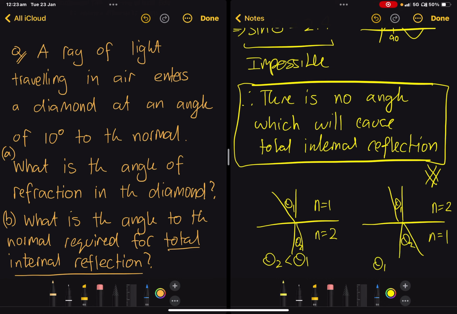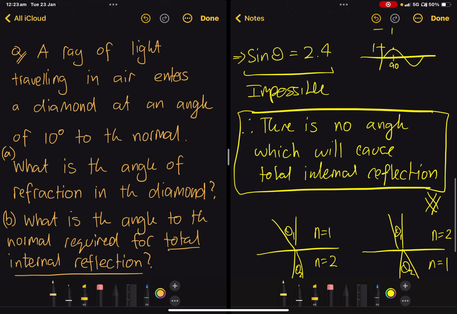So in this case, theta 1 will be less than theta 2. When we are moving from a lower refractive index to a higher refractive index, it is impossible to get total internal reflection. But when we are moving from a higher index to a lower index, then it is possible to get total internal reflection. So in this case, the answer is there's no angle which will cause total internal reflection.